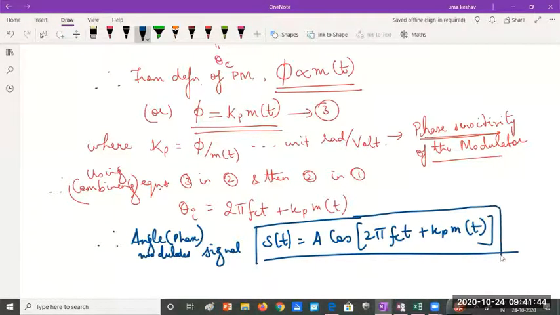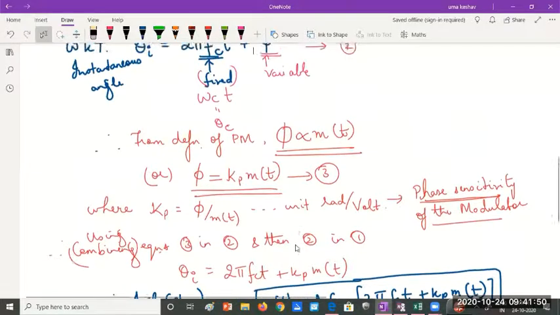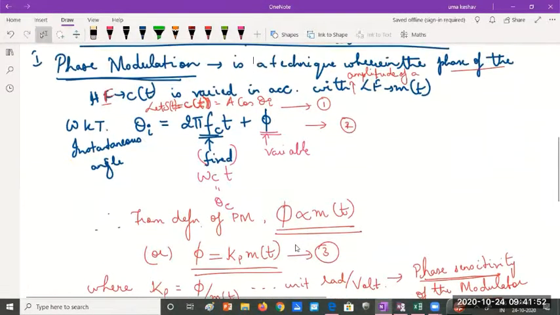If they ask you to derive the expression for a phase modulated signal, please see here, all that you have to do is, you just have to define what is phase modulation first. Phase modulation is a technique wherein the phase of the high frequency carrier is changed in accordance with the amplitude of a low frequency message.